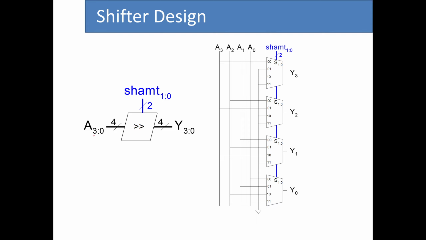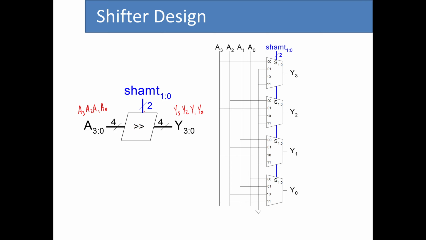We have an input, let's say a 4-bit input from A3 to A0. So the bits are A3, A2, A1 and A0, and the output is also 4 bits: Y3, Y2, Y1 and Y0.